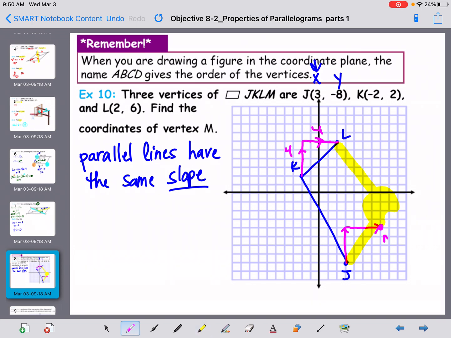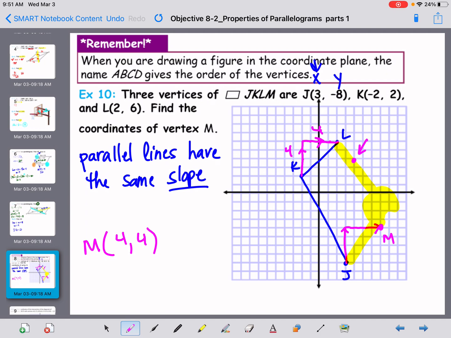So here's M. Now I've got to state what that coordinate name is for point M. This is where you'll make your mistake. Instead of writing the name of that point, you'll write the numbers that you used for your slope. You'll say it was 4, 4. And when we actually graph 4, 4, it would be way up here.